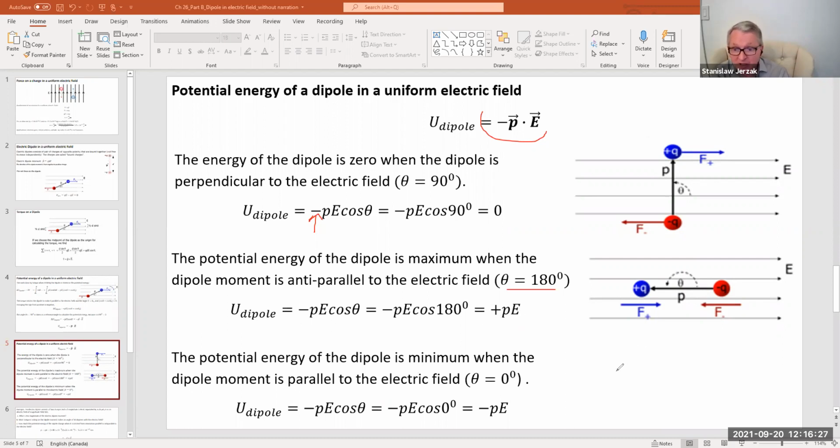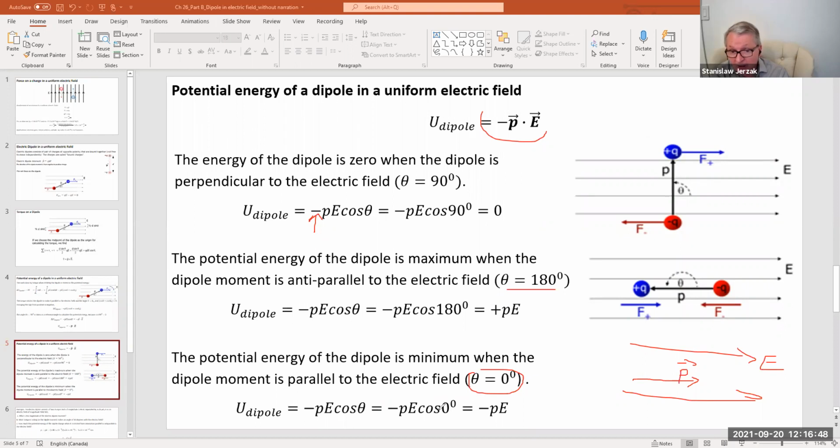But when the dipole is parallel to the electric field, which I don't have the graphic for, then the angle is equal to 0. And then the dipole energy will be negative PE cosine of 0.